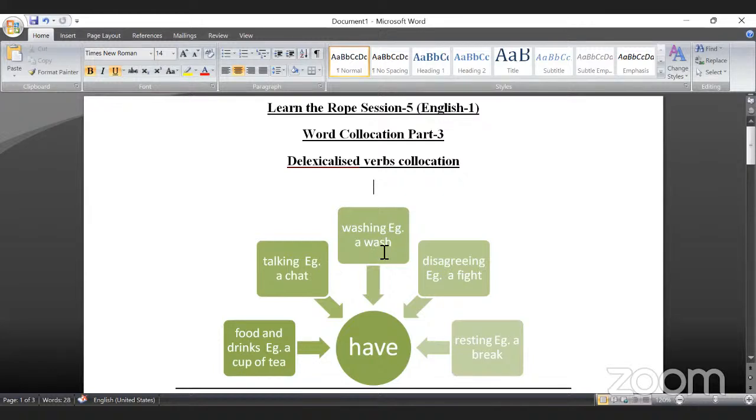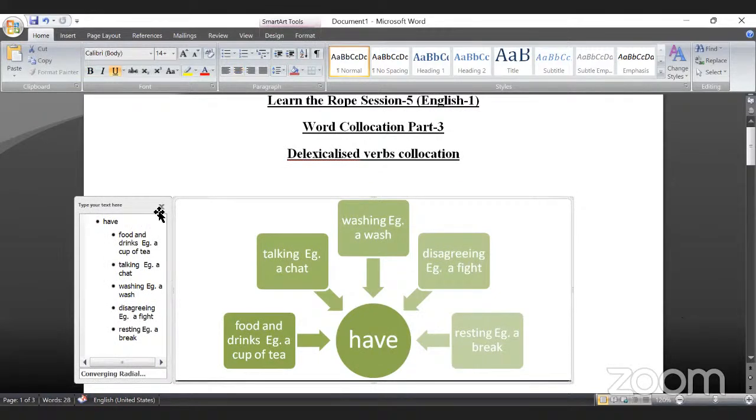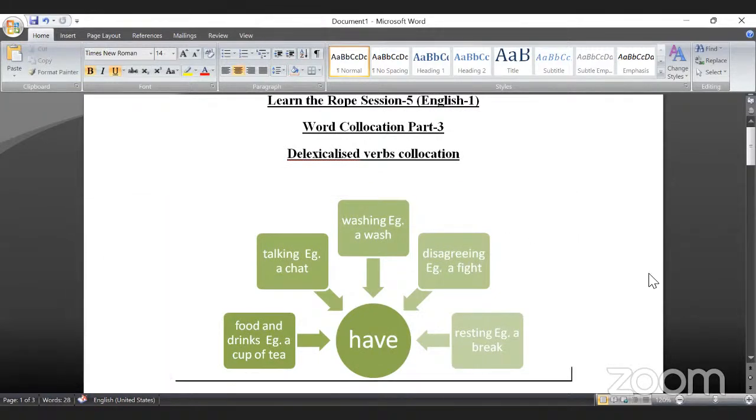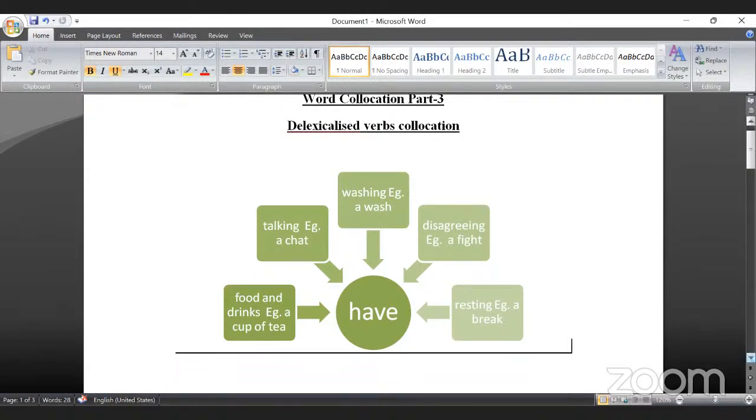The third category would be of a noun that is related to washing. Okay. And the resultant collocation will look like have a wash. Okay. Have a wash or have a shower. Right. The fourth one here are nouns that are related to disagreeing.